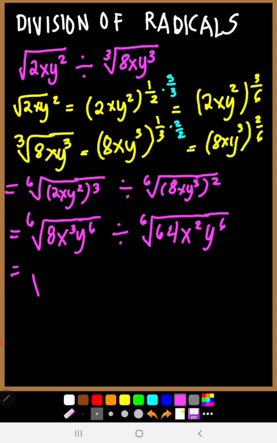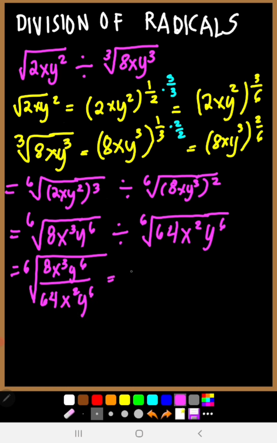Okay? Pagsamahin natin sila sa isang radical sign para mas madaling mag-divide, mag-cancel. So, 6th root. We have 8x cubed y raised to 6 divided by 64 x squared y raised to 6. So, 8 over 64, that is equal to 1 over 8.